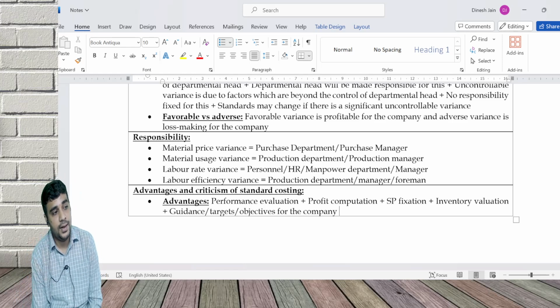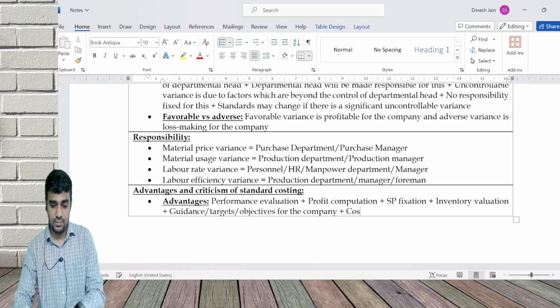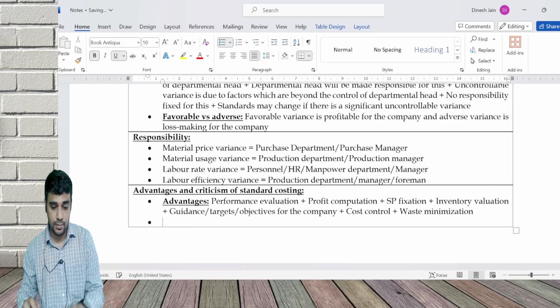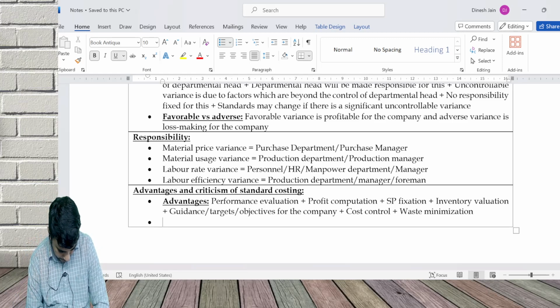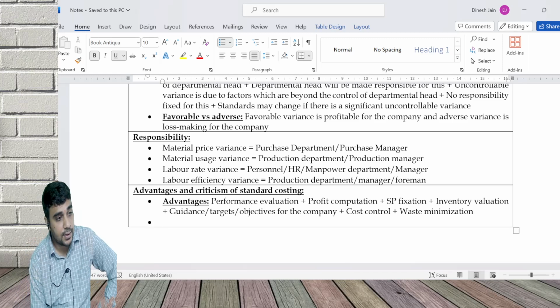It gives you the guidance, or the target, or the objective. This should do cost control, waste minimization. These are the advantages.